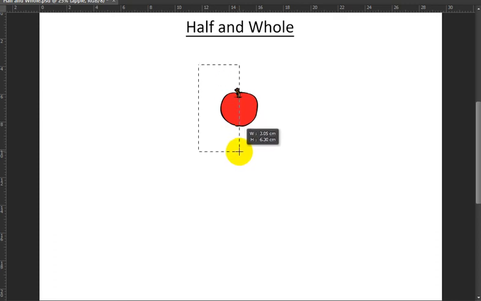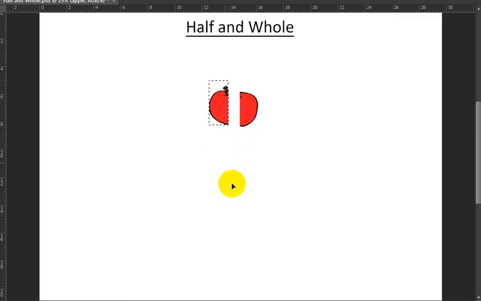So if I cut it right about here, I'm going to cut this apple in half. And you can see now that I cut it into two pieces that are, well, let's say they're the same, okay? So each of these pieces is a half of the apple. This is a half of an apple, and this is a half of an apple.